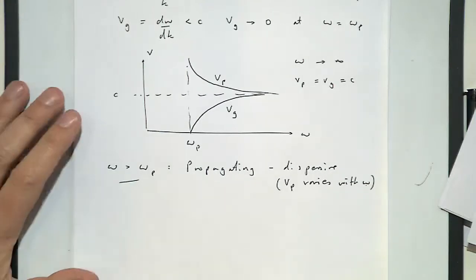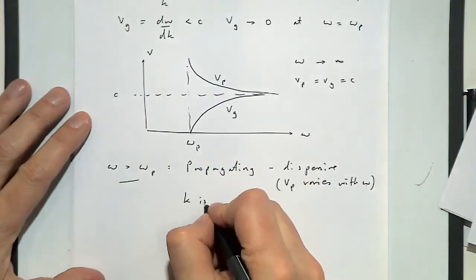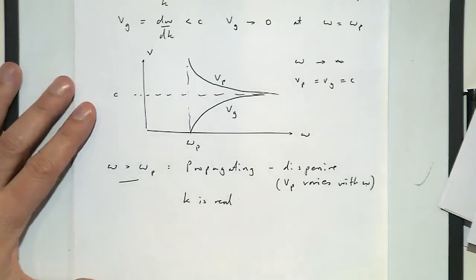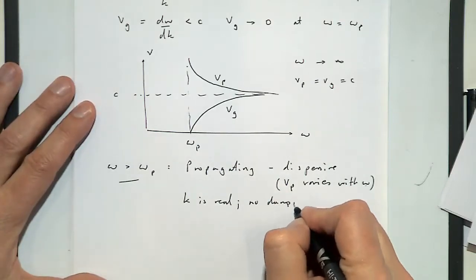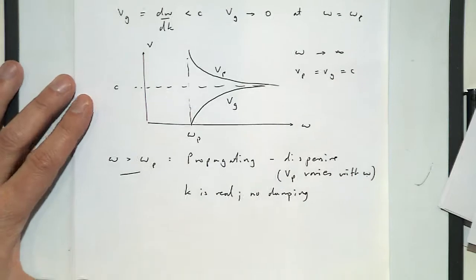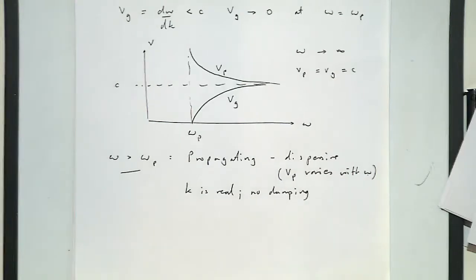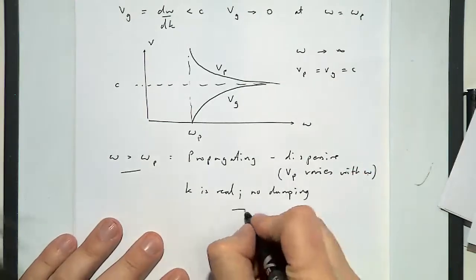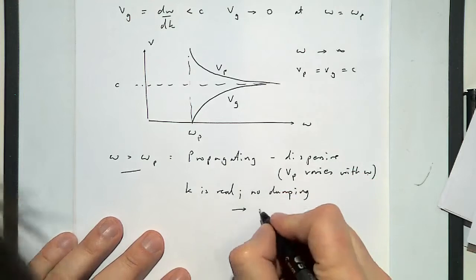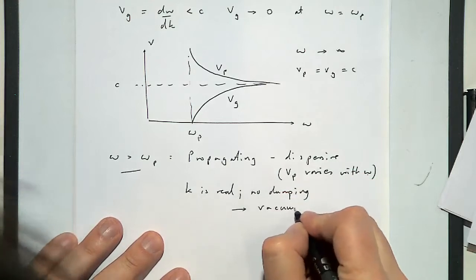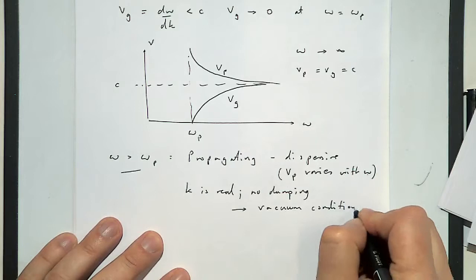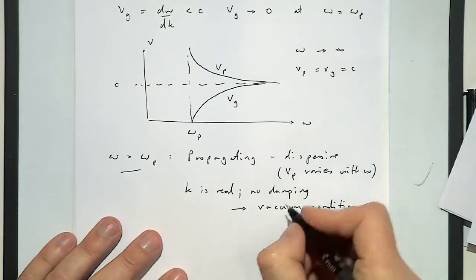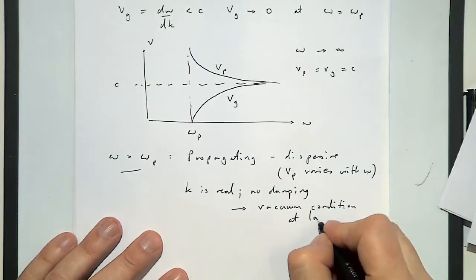And k is real, and therefore there's no damping. It might be damping for other processes, but in this simple model, there is no damping because there are no collisions, and at large frequency, the electrons are not moving much, so it becomes like a vacuum.